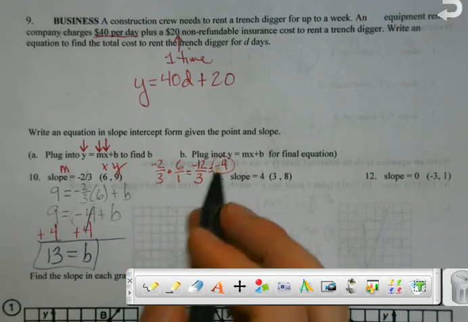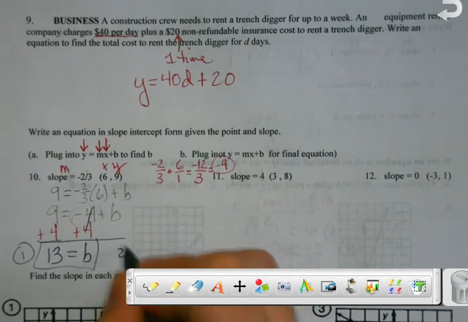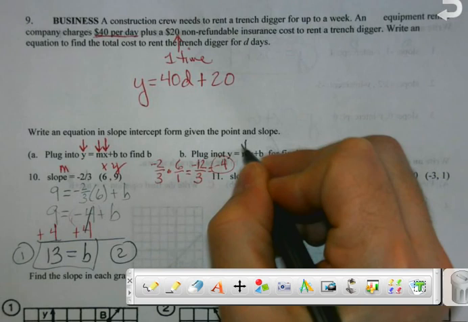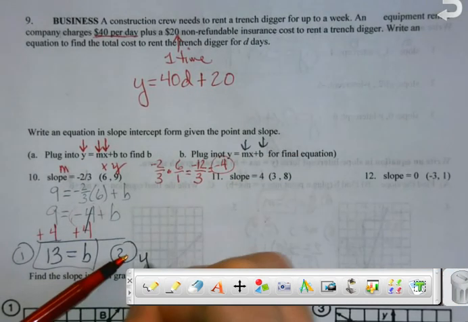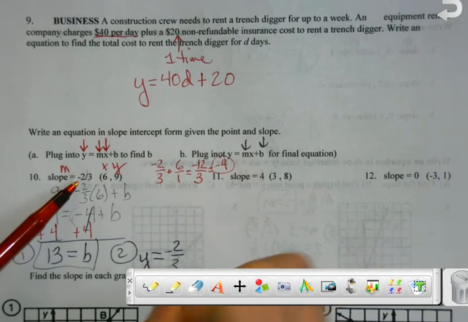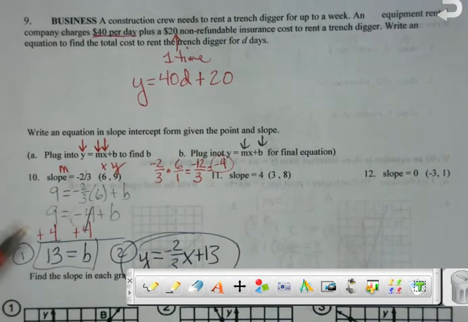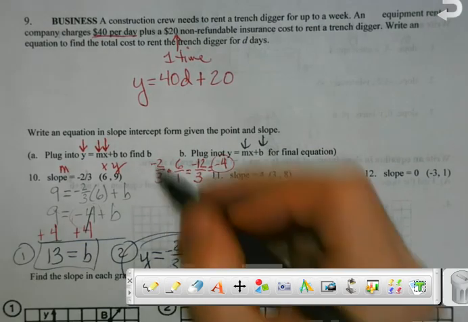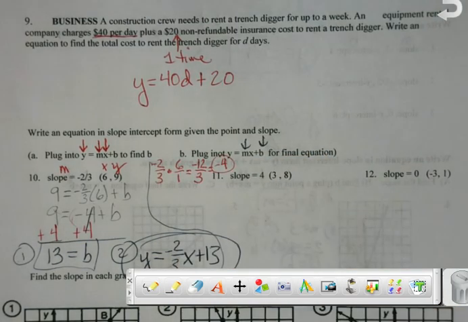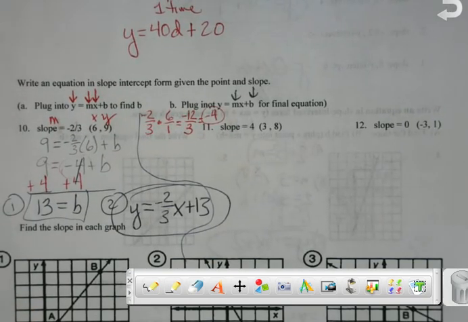So I have this, but now my last part, plug into y equals mx plus b. So y equals, my slope, already gave that to me, mx plus b. Keep life simple. I know sometimes that can seem hard, but for our purposes, not bad.